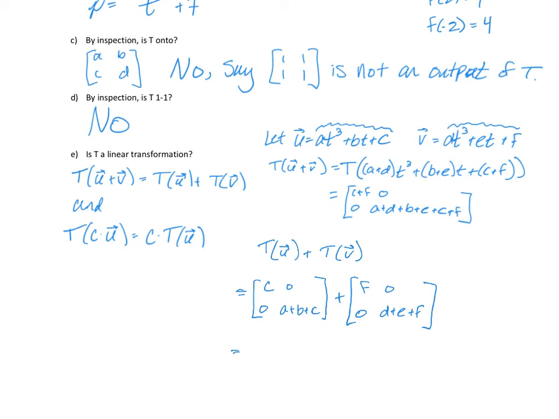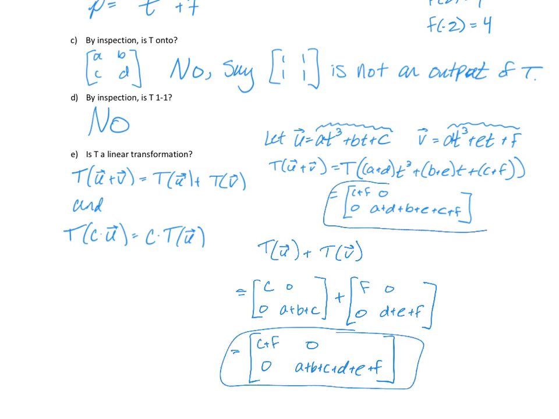When you add them together, you get c plus f, 0, 0, and then a plus b plus c plus d plus e plus f. So this and this are the same. Okay, so T of U plus V does equal T of U plus T of V.